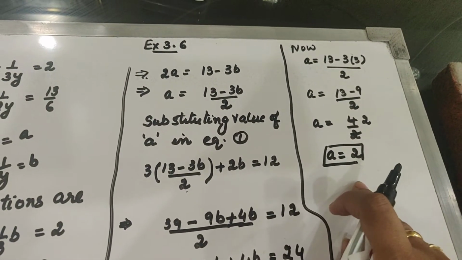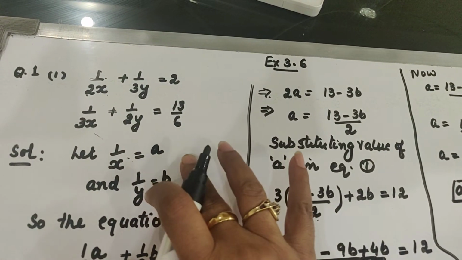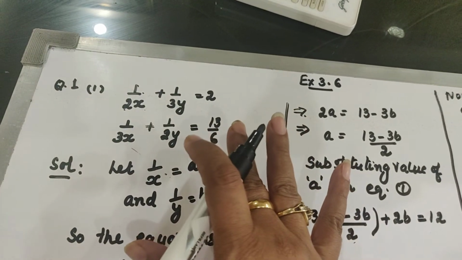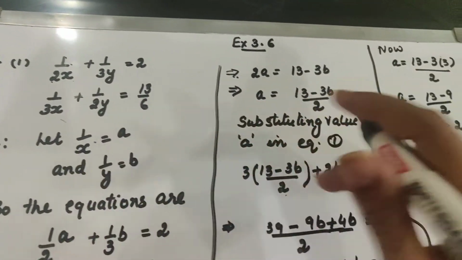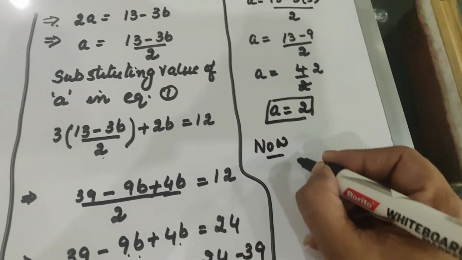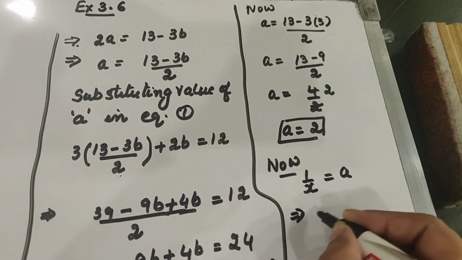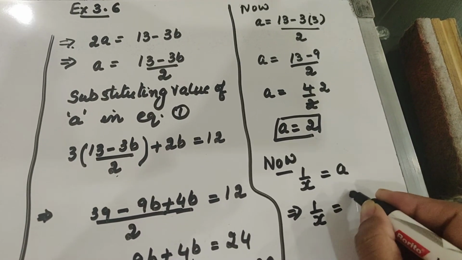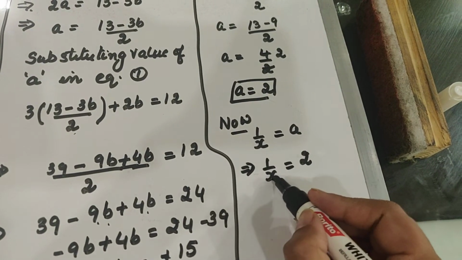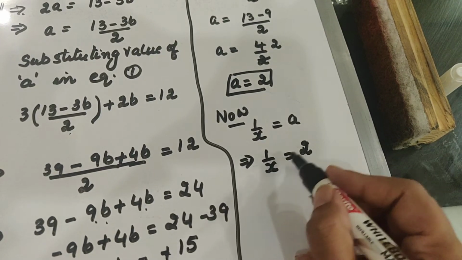But children, remember, our variables were not a and b. ये हमने let किए थे बच्चे. Our variables are x and y. So finally you have to take the value of x and y. So now we'll write, now 1 upon x is equal to a. This implies 1 upon x is equal to 2. So बच्चे again 2 will come down. Here x will go up. Okay, cross multiplication. 2 will come down, x will go up.